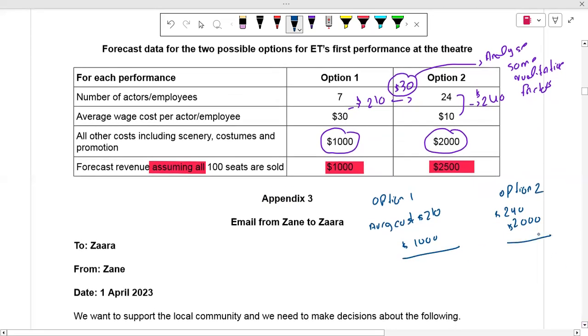So we can say the total cost is basically $1,210 and $2,240.